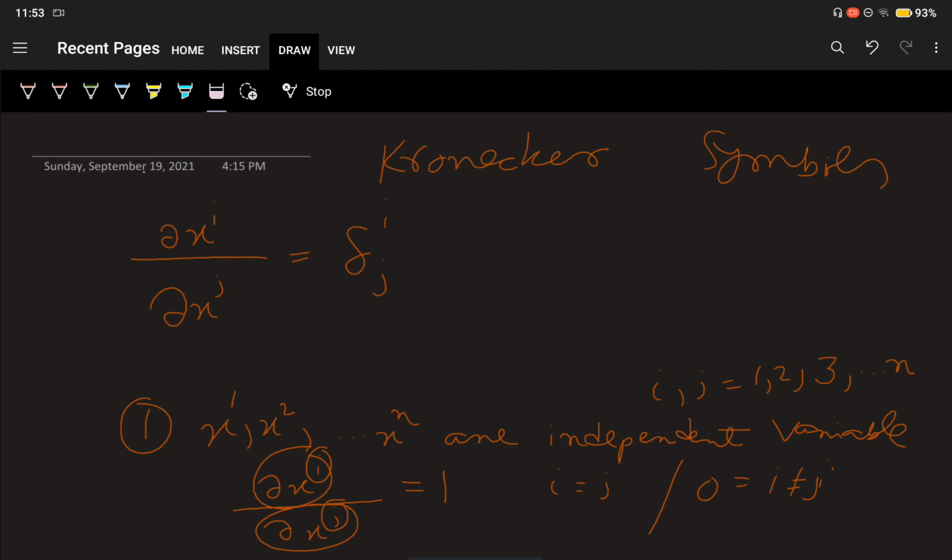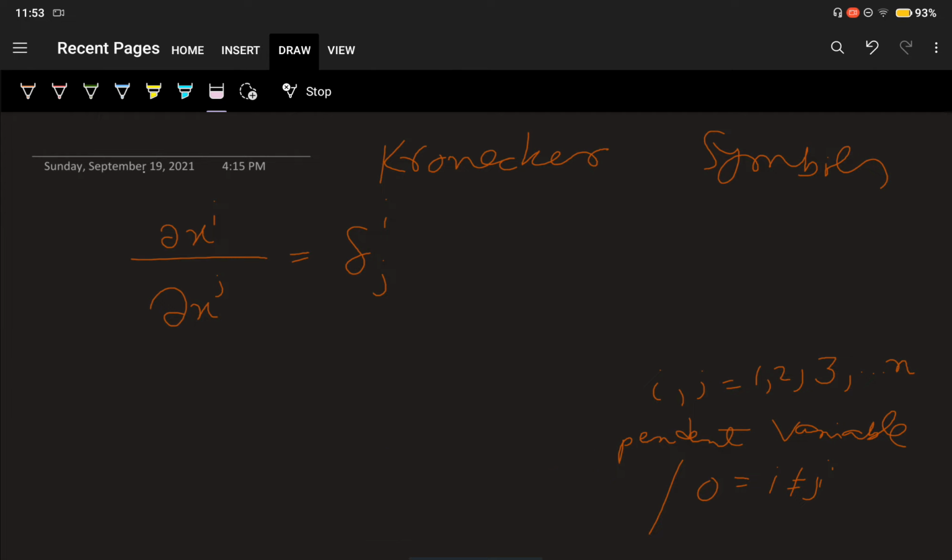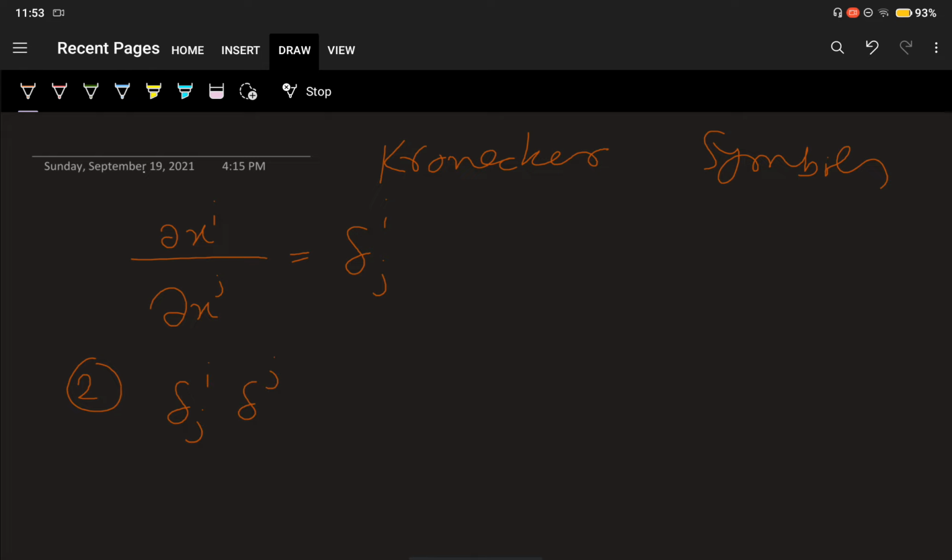Now the second property. Delta ij delta jk can be written as delta ik.